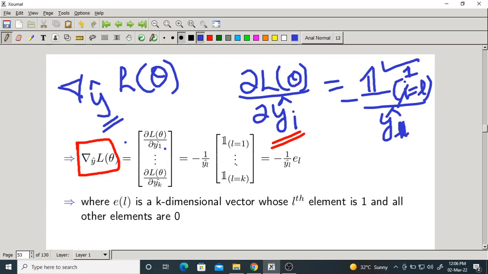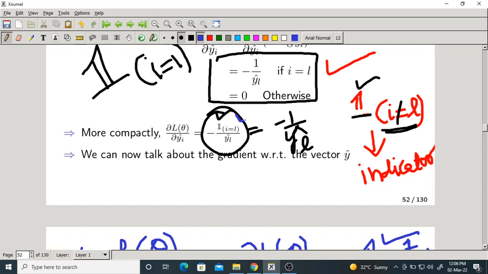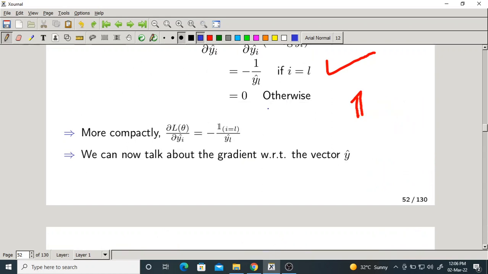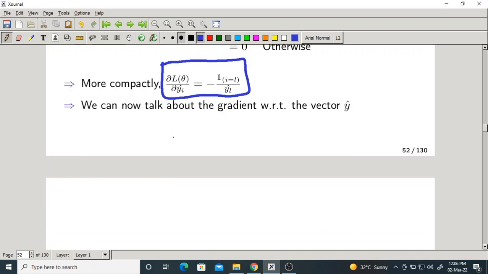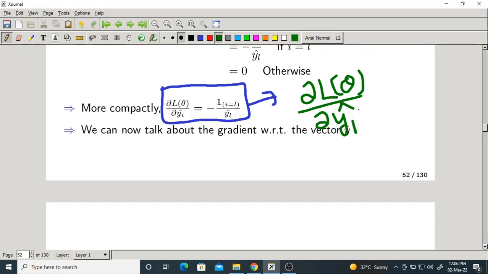So we get the combination of indicator variables just like this. This is only for one element, and you can implement this for k elements. Suppose from this equation itself I ask you what is ∂L(θ)/∂ŷ1, so i equals 1, then what do you write?